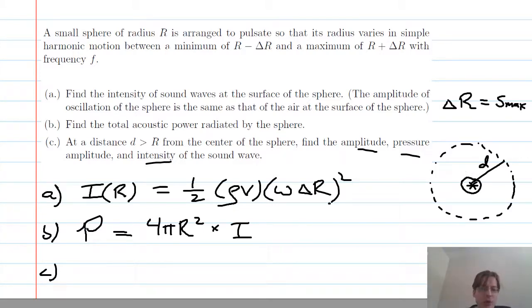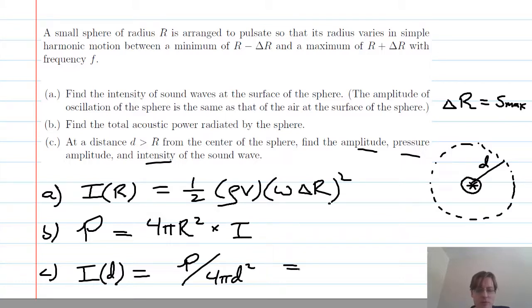Okay, so I will find first the intensity at radius d. It follows an inverse square law. So I would take the power divided by 4 pi d squared. And that simplifies a little bit when I plug in the power formula I have.